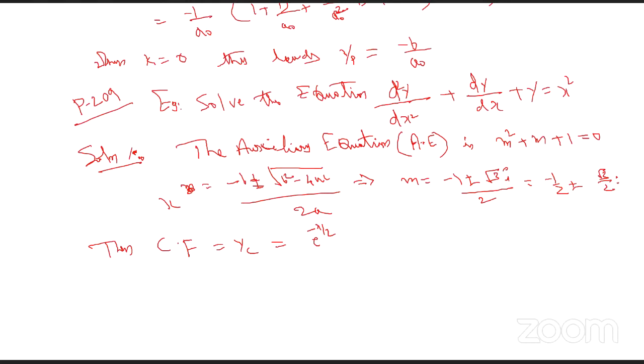Because the roots are imaginary, the solution must be C1 cos root 3 by 2 x plus C2 sin root 3 by 2 x.